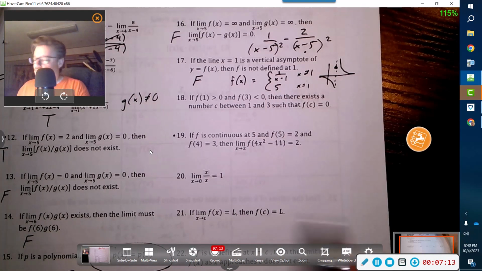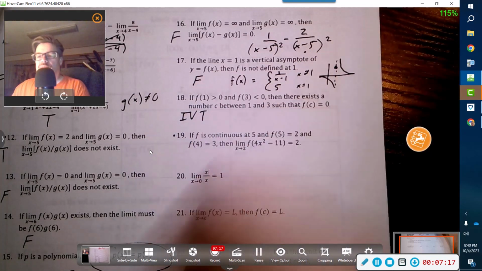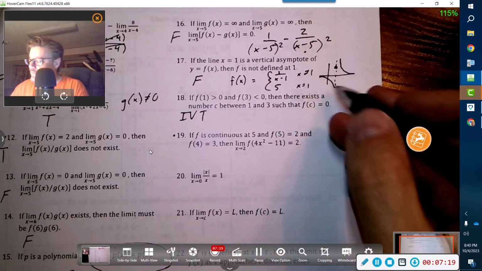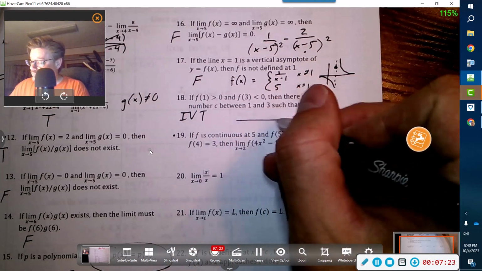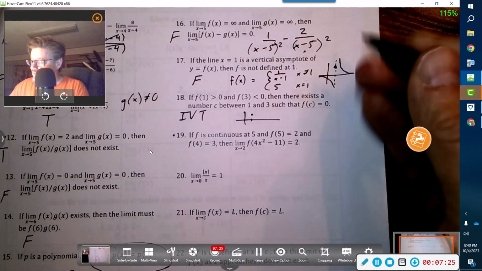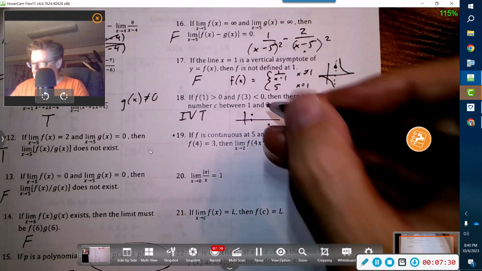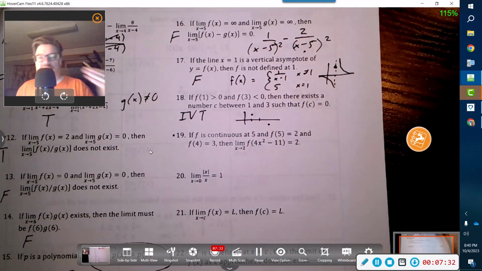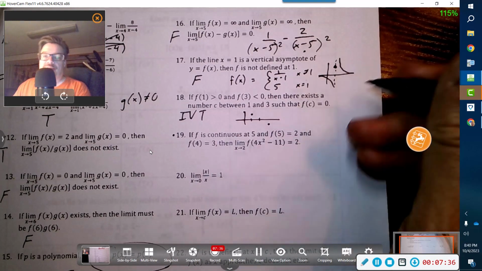Okay, now 18, the IVT, right? IVT says this guy should be absolutely true, right? If f of 1 is positive and f of 3 is negative, then there exists a number c in between such that it equals 0, right? Now, nobody said anything about it being continuous.